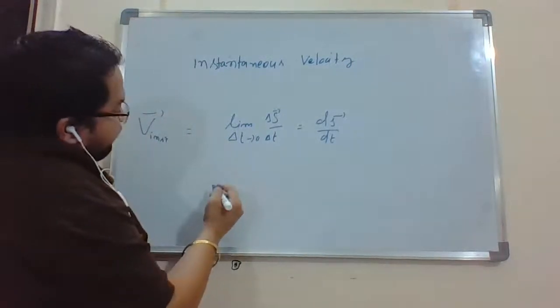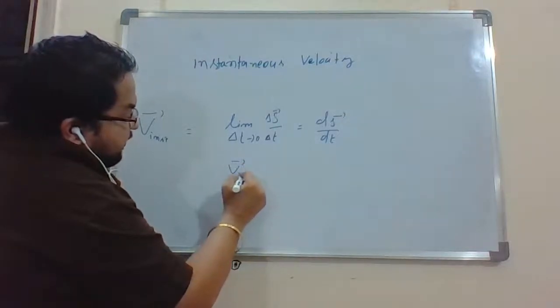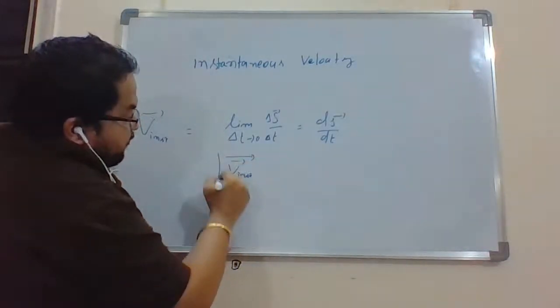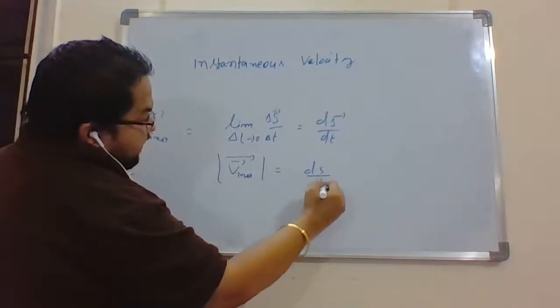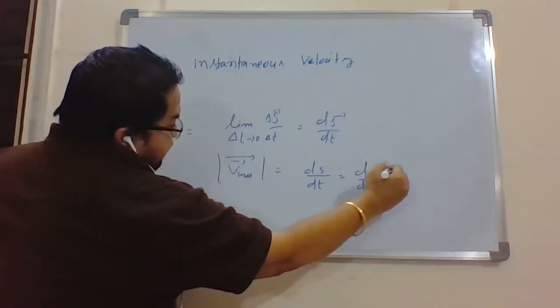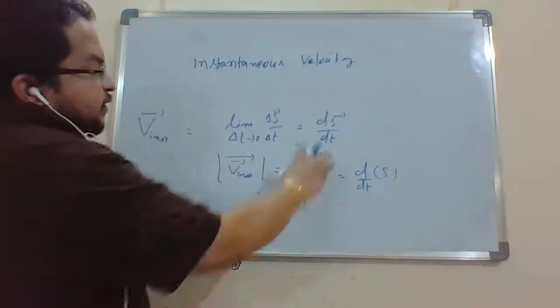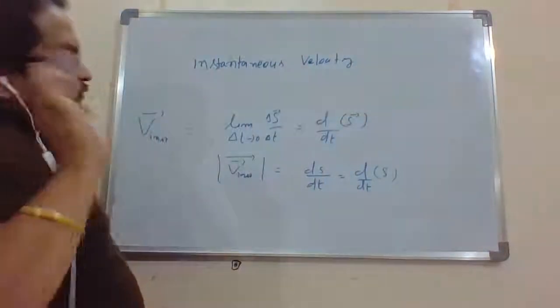In scalar form, you can say the instantaneous velocity's magnitude would be ds by dt, or in other words, d by dt of s.